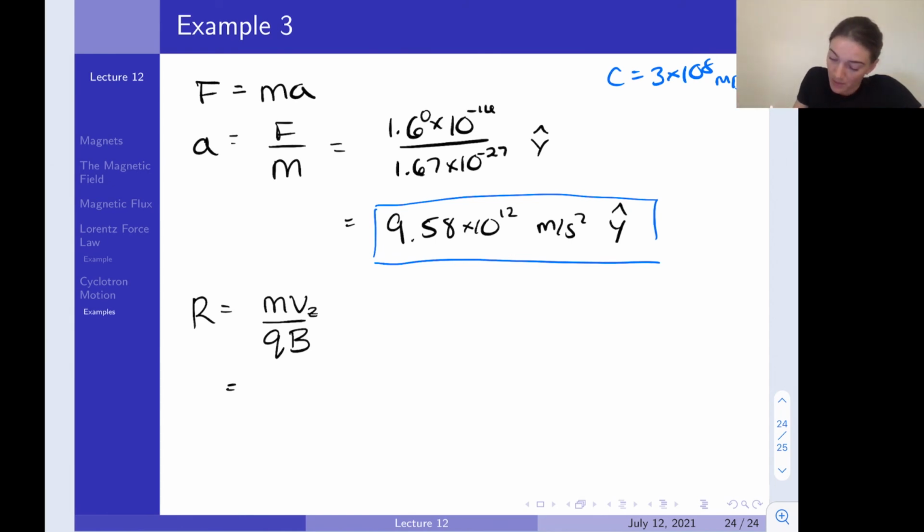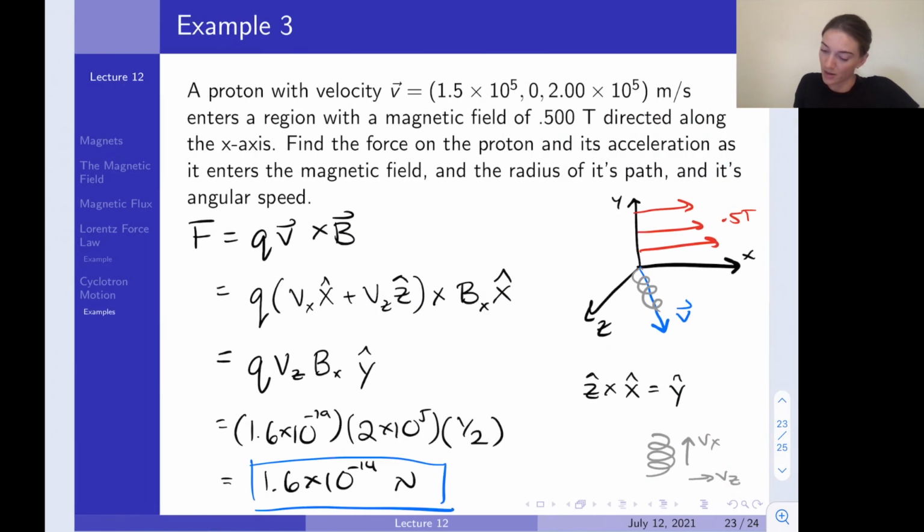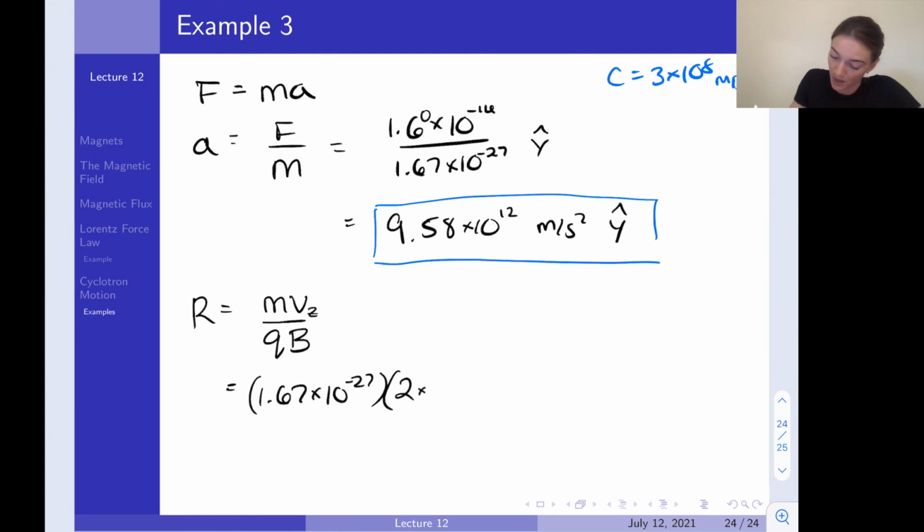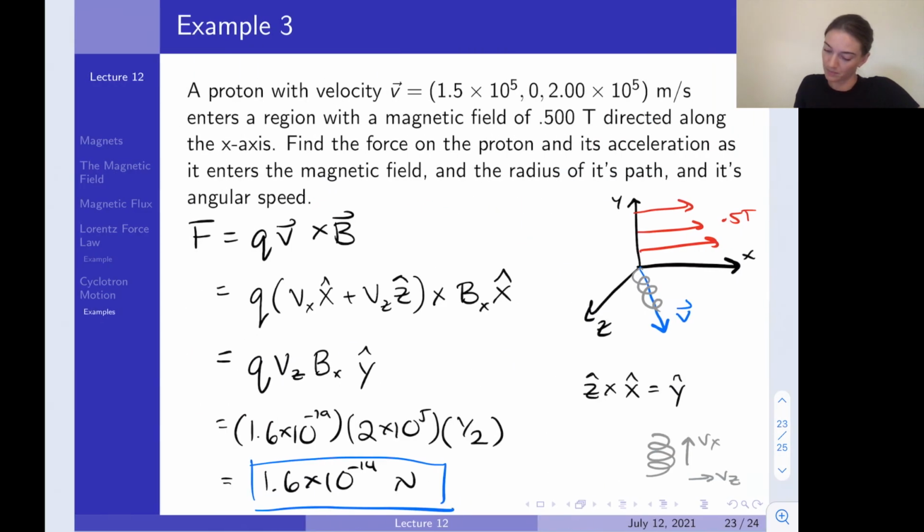So we have the mass of a proton, which is 1.67 times 10 to the negative 27. Its velocity in the z direction was 2 times 10 to the 5. The charge is 1.6 times 10 to the negative 19. And the magnetic field was 0.5 Tesla.